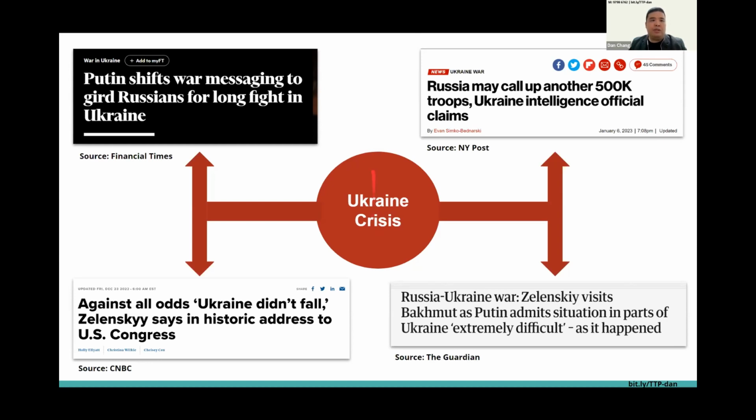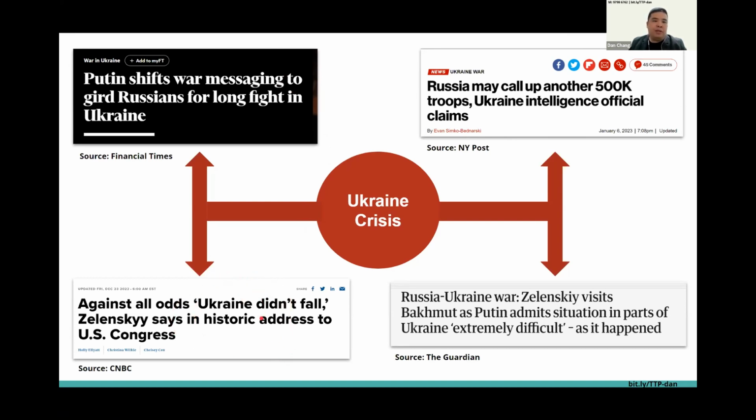Putin has already told the Russians to prepare for a long fight in Ukraine, and it was reported that they even called up more troops to fight the war. And of course, in a war it takes two hands to clap. While Russia is very determined to keep on fighting, Ukraine is not ready to stand down.